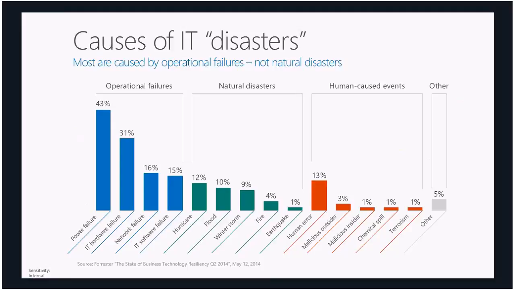So how do we account for all of these types of effects that can cause an IT disaster, to ensure that our environment, our business and critical systems are protected, and we can still continue to operate as a business and as an entity?